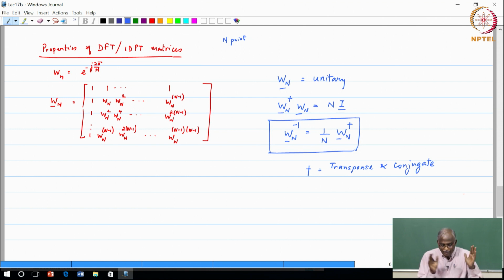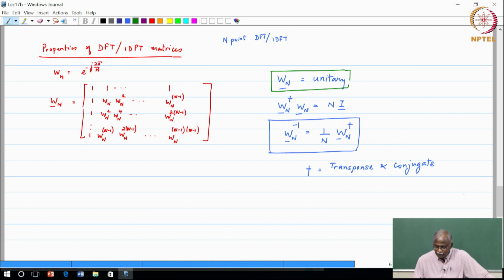If you are talking about M channel filter banks, then the DFT size will also be N equal to M. We made the following observations about the structure of the DFT matrix, which you would have studied in DSP, probably a repetition for most people: the W matrix, which represents the DFT, is unitary.